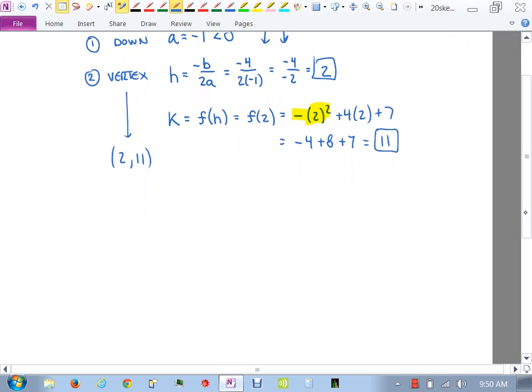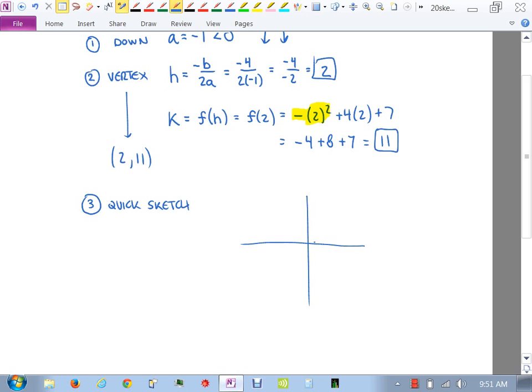Now we'll do a quick sketch to try and get our x-intercepts if we have them. I can pretty much guarantee you're always going to have at least one x-intercept on the test. So I'm going to go out 2, up 11, and it opens down.